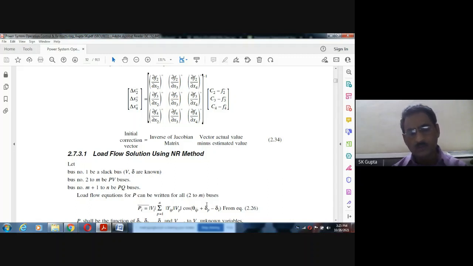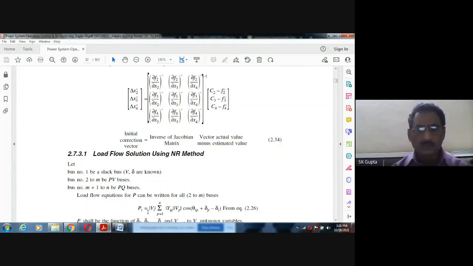This equation is a nonlinear equation. You see, it is a function of angles, cos of angles, and here it is the admittance. This is again a complex number, with a magnitude and an angle. Because of the angle it has come to this, so it is a real number, and this is the sum over p equal to 1 to n.